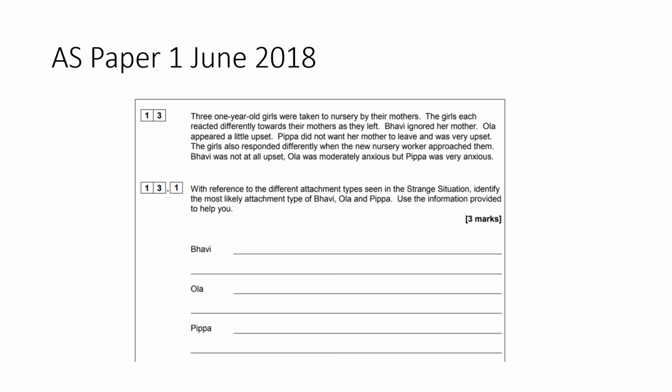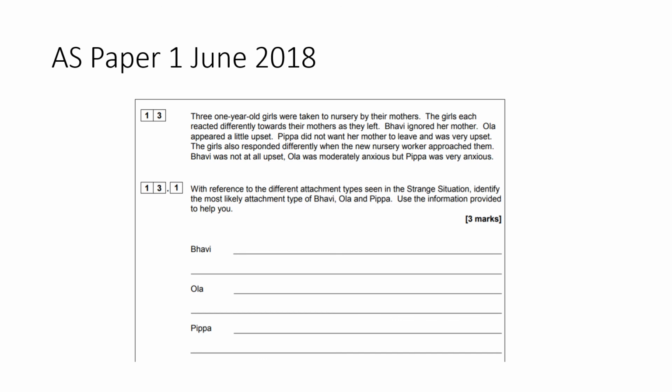So in terms of this, you've got to be picking out here in the question, identify the most likely attachment type of the 3 girls. And you've got to use that information provided to help you. Now, you don't need to be writing lots because it's just 3 marks. You just want to be putting down the attachment type of each of the girls. So in terms of this, Pippa did not want her mother to leave and was very upset.